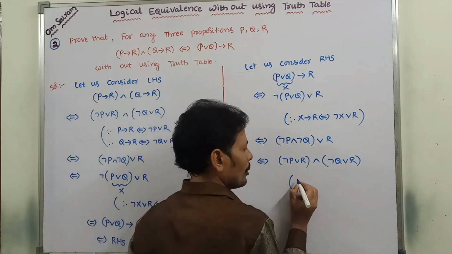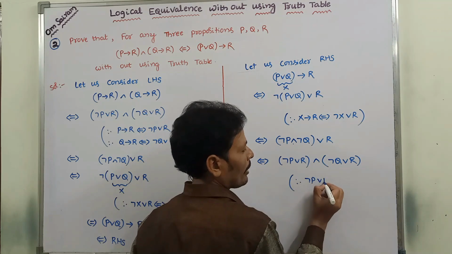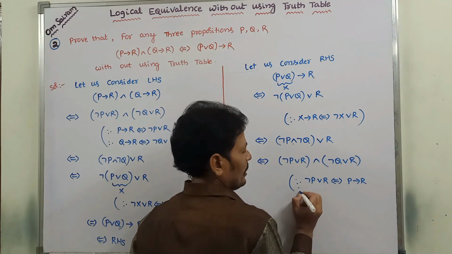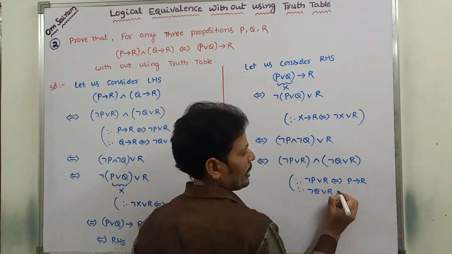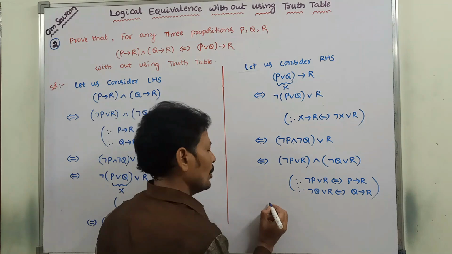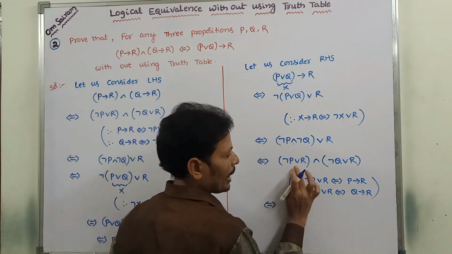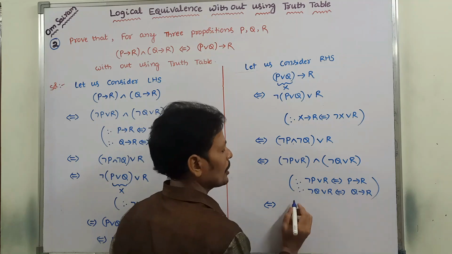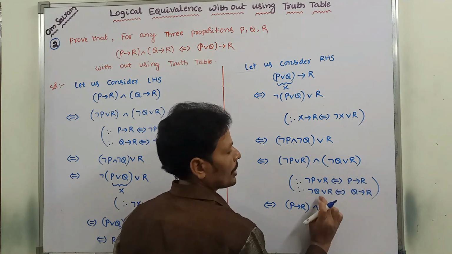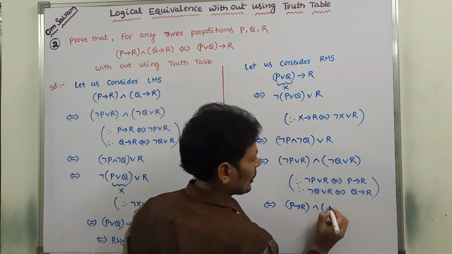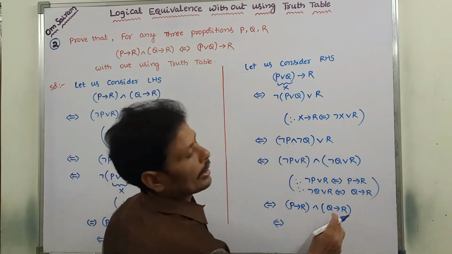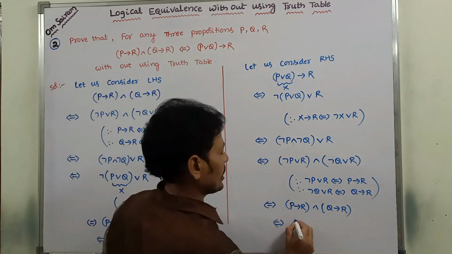We already know that negation P or R is logically equivalent to P conditional R. Negation Q or R is logically equivalent to Q conditional R. So in the place of negation P or R, we have to substitute P conditional R, and in the place of negation Q or R, we have to substitute Q conditional R. It becomes P conditional R and Q conditional R, that is LHS.